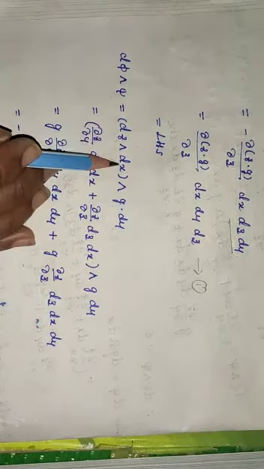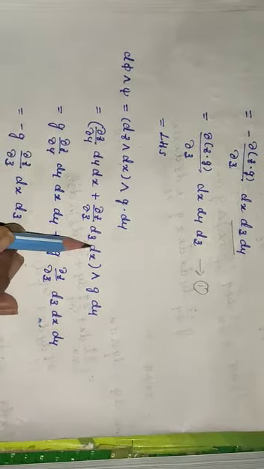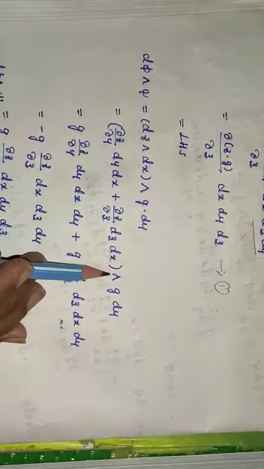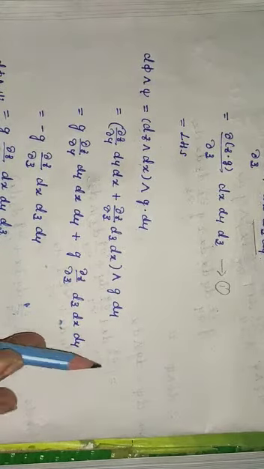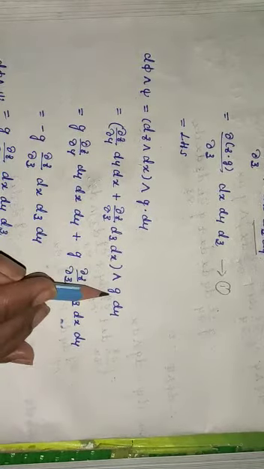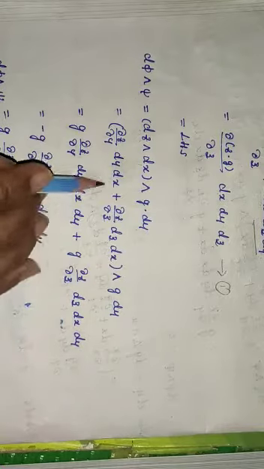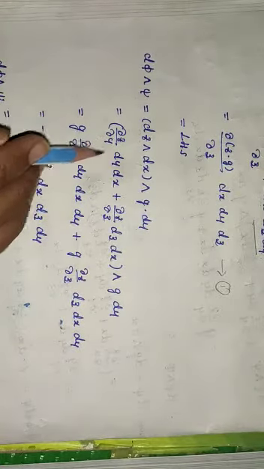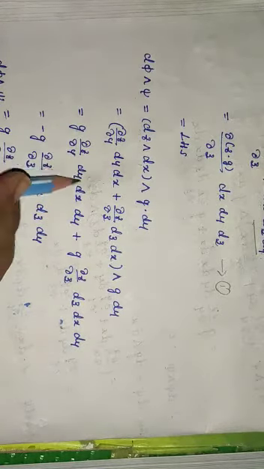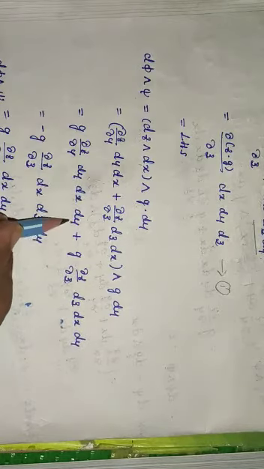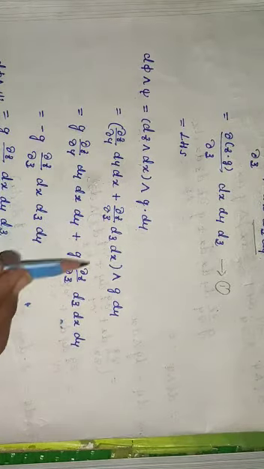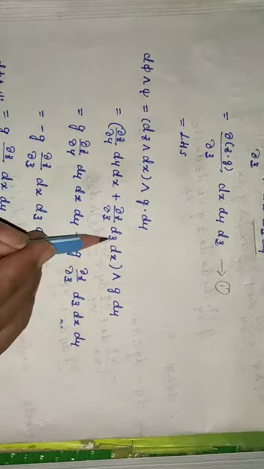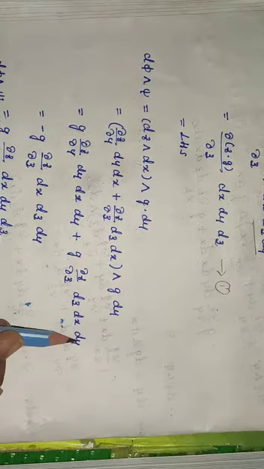Again we have to find the product of these. So we get g into del f by del y into dy into dx into dy plus g into del f by del z into dz into dx into dy.